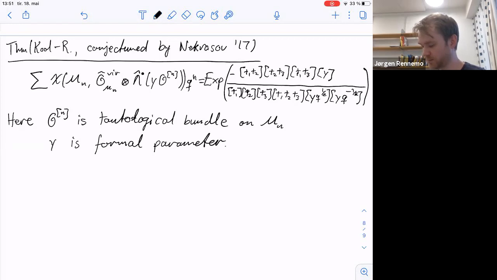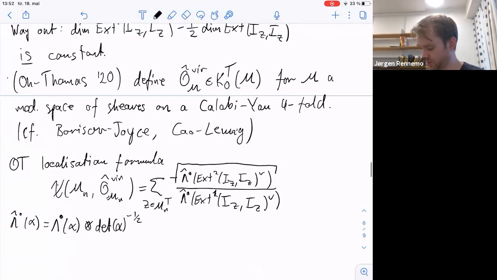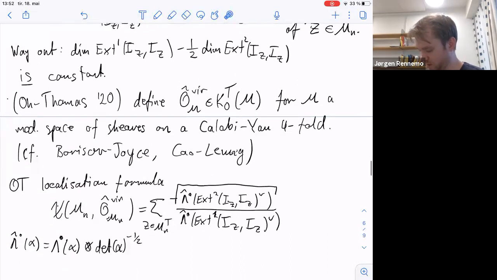There's one interesting historical feature of this. If you look at the localization formula here, then this is almost a reduction of the problem to combinatorics.